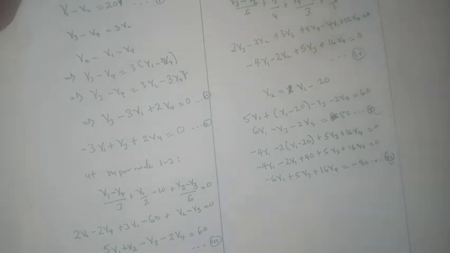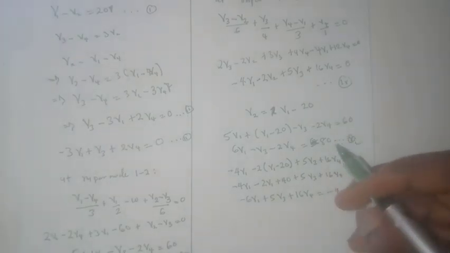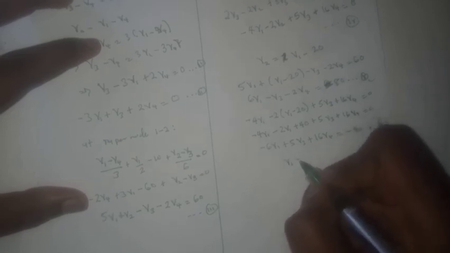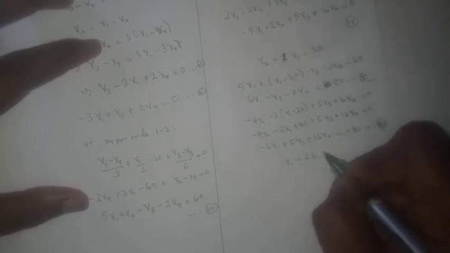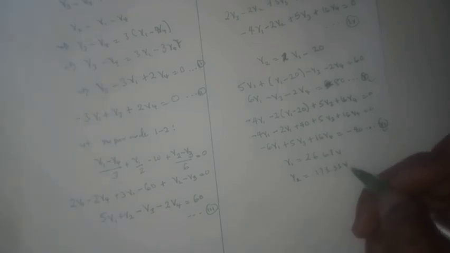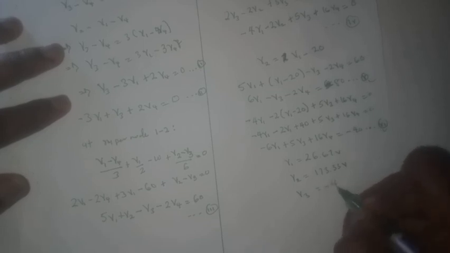So we can solve equation 6, equation 5, and equation 2 simultaneously and we'd arrive at the values for V1, V3, and V4. With that, we arrive at the value of V1 to be 26.67 volts, and the value of V2 will be 173.33 volts, and the value of V3 would be minus 46.67 volts.